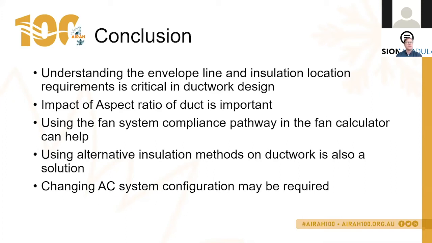So R1 is the R value that's required on flexible ductwork that is part of an air conditioning system. So it doesn't matter, as long as it's class 2 to 9 buildings, then that's what we have to comply with.